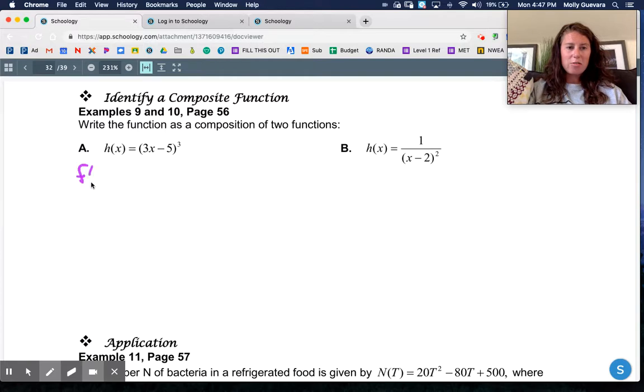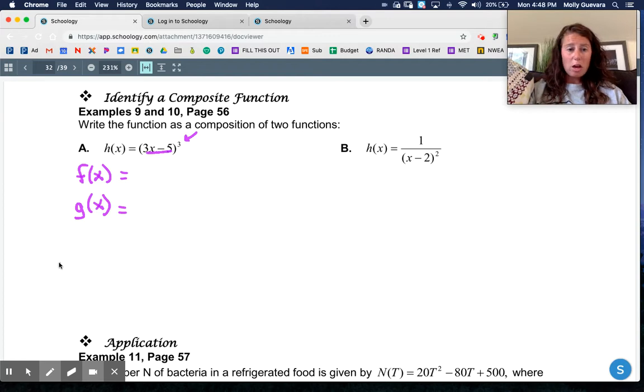Can you tell me what f of x and what g of x was in order for us to get this? So what I kind of look at are big pieces here. One, I see the 3x minus 5 as a big piece because it's in parentheses. And then the other thing I see here is this cube as a big piece. So I'm just going to split those up.